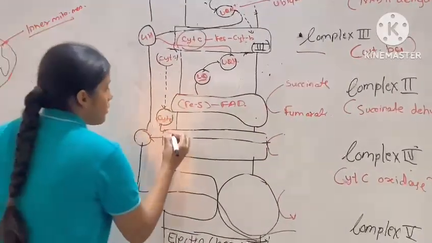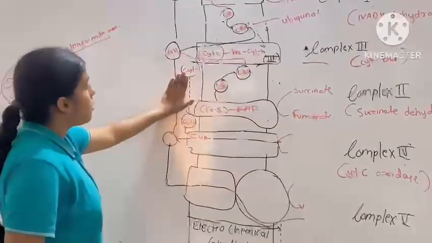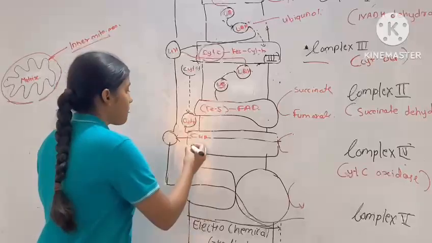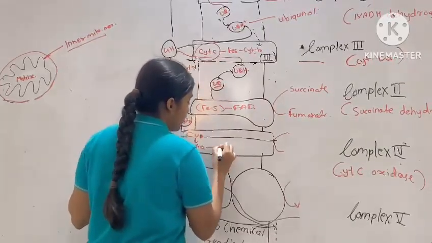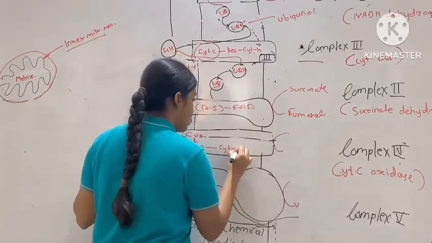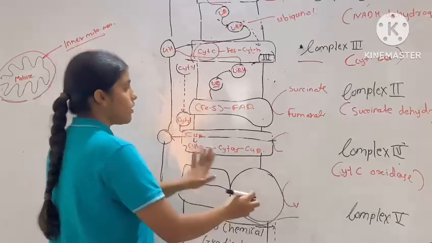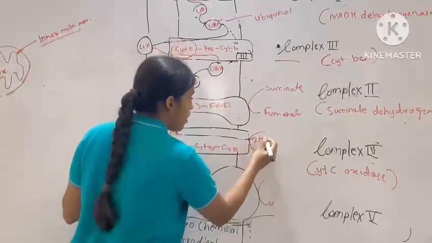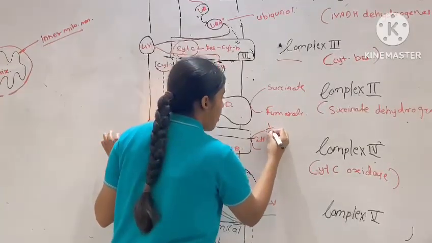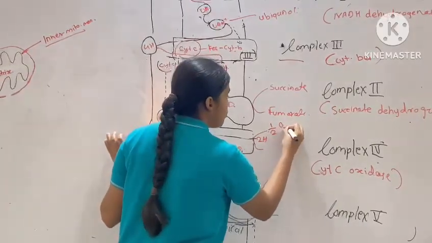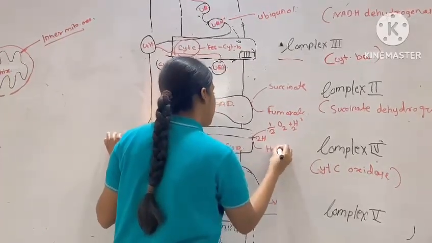So cytochrome C will provide electrons to copper A, and copper A will provide it to cytochrome A, cytochrome A3 and CuB. Now during this process there will be reduction by two electrons, and we will get a reaction which is 1/2 O2 plus 2H+, which will give us H2O.